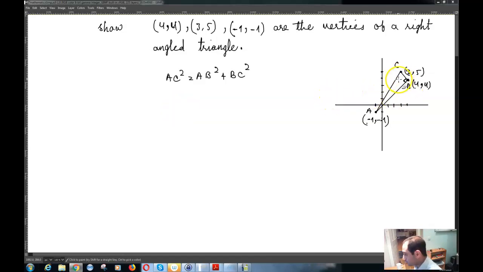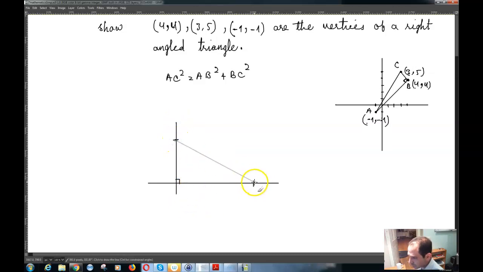But I would say that's a valid way to show that this is a triangle. Because if you can show that this line segment is perpendicular to this line segment, then you can pick any point on each segment, and if you connect them together, that would be a right angle triangle.